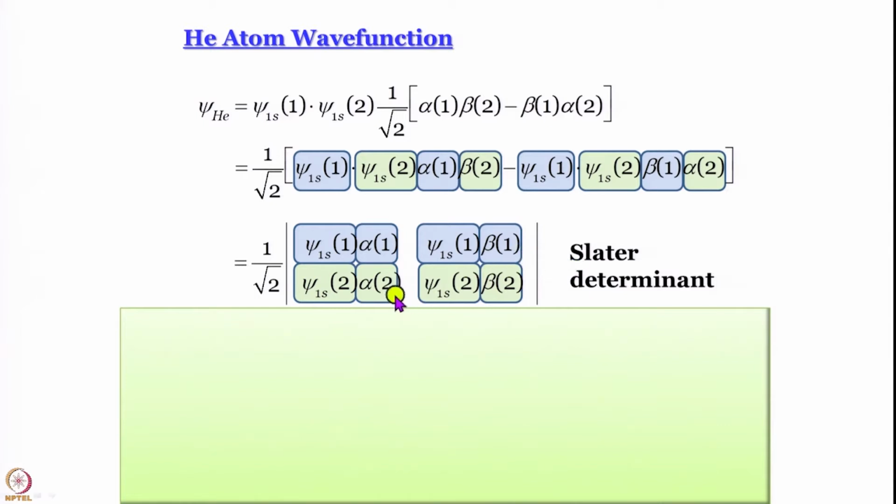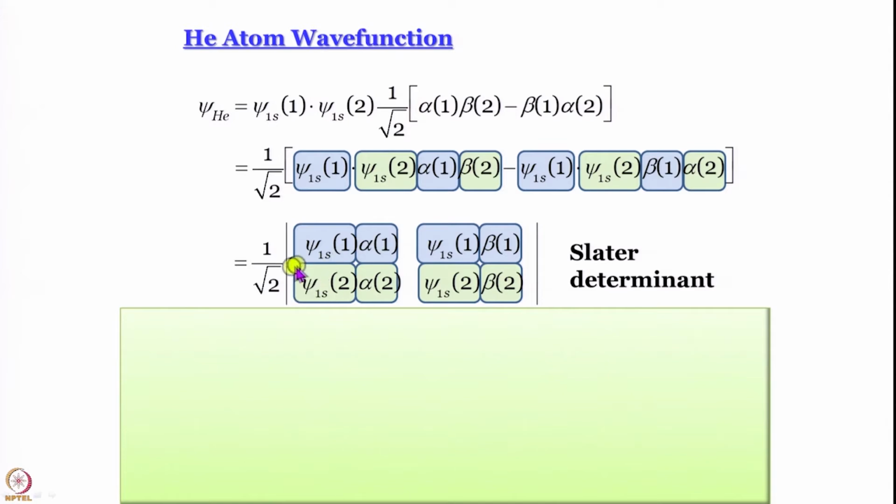Similarly, in the second row, going from the first column to the second one, electron number remains 2, but from psi 1s 2 alpha 2 we go to psi 1s 2 beta 2. So, on going from left to right in the Slater determinant, the spin orbital changes and the electron label remains the same, and upon going from top to bottom, then what happens?